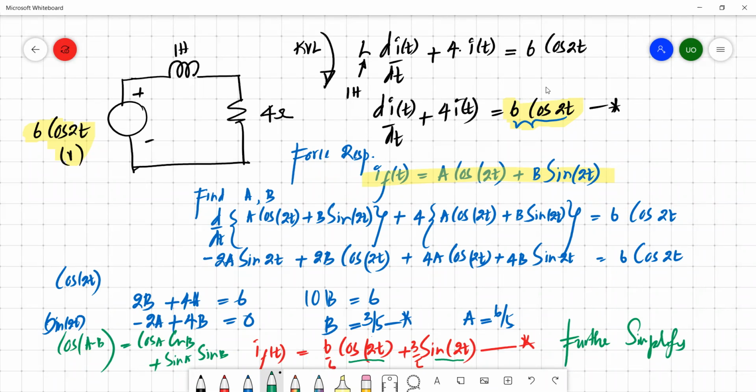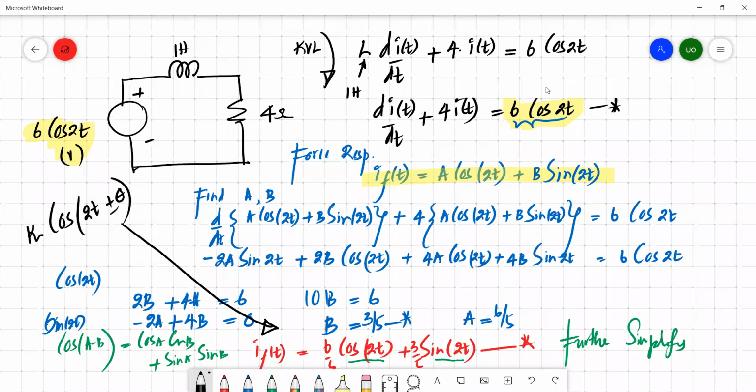Yes, so for example, this can be simplified to a constant, let's assume K, times cos(2t minus 4 plus theta). So this basically simplifies to this form.